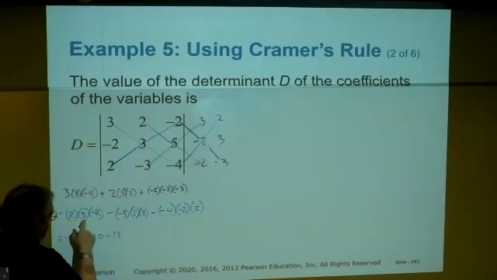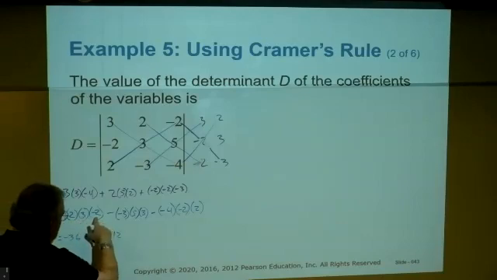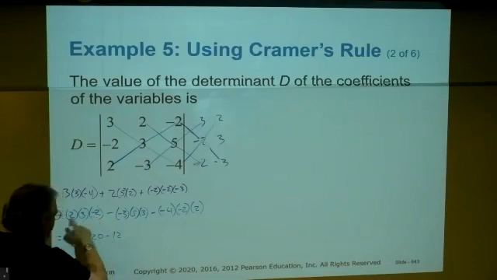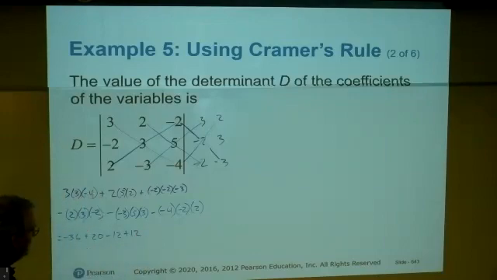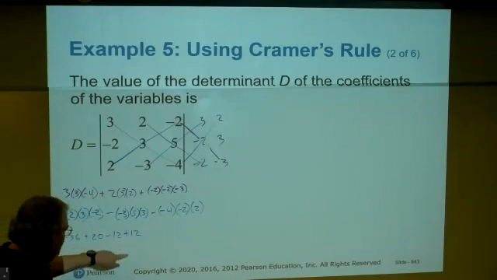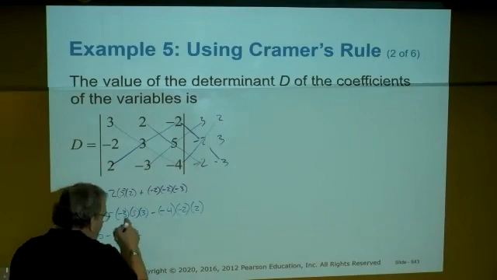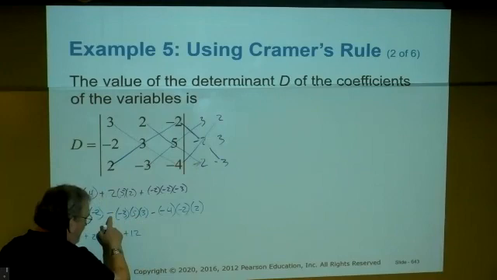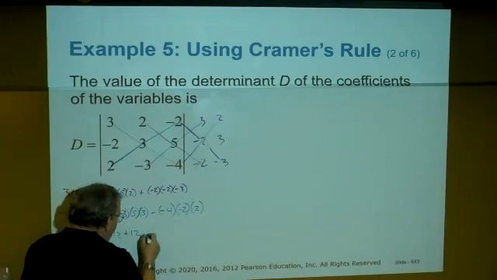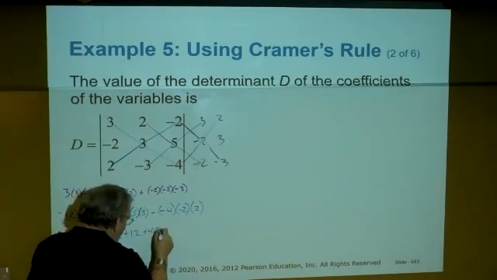And then 2 times 3 times negative 2. Well, that's a negative 12, so I'm subtracting a negative 12, so that's plus 12. So this minus became positive. This is going to be negative 45, and I'm subtracting a negative 45, so it's plus 45.